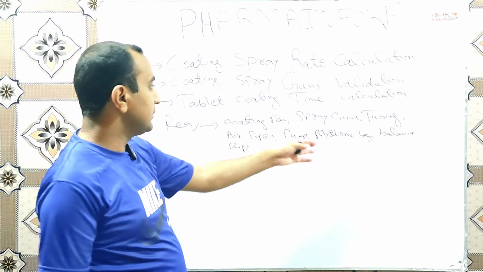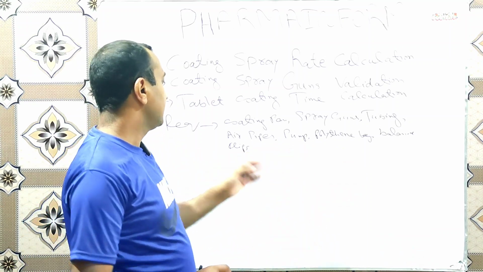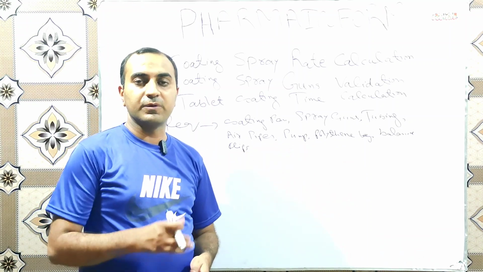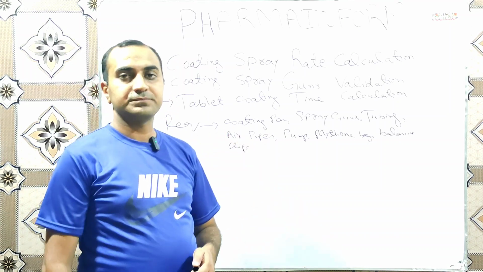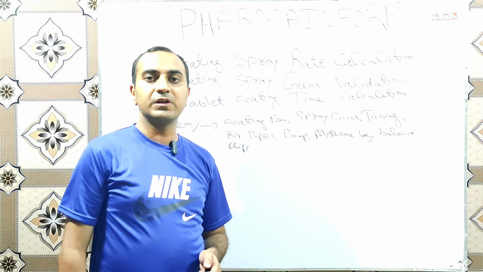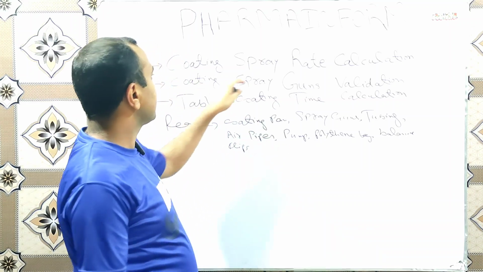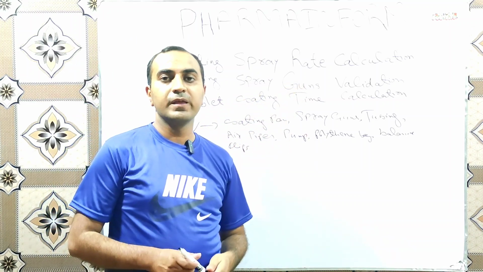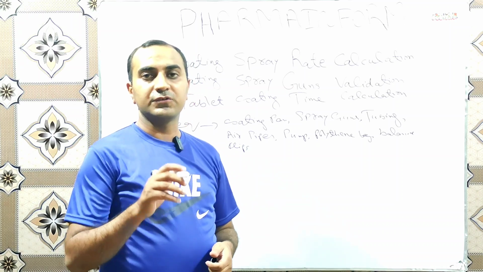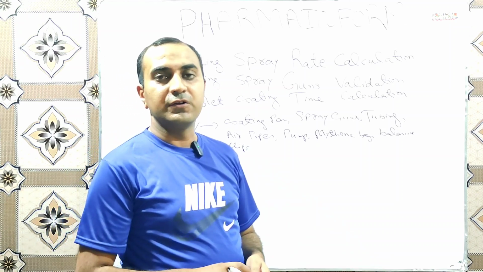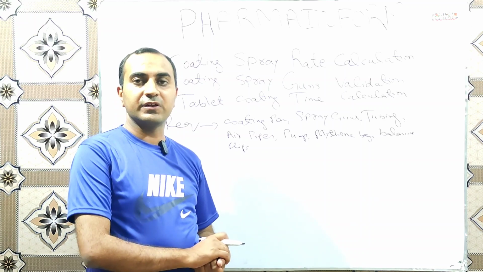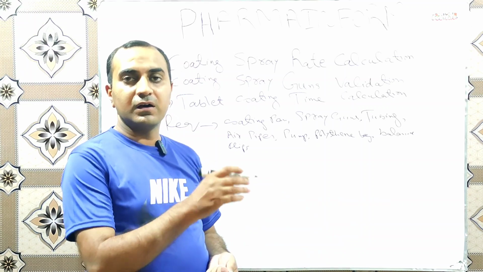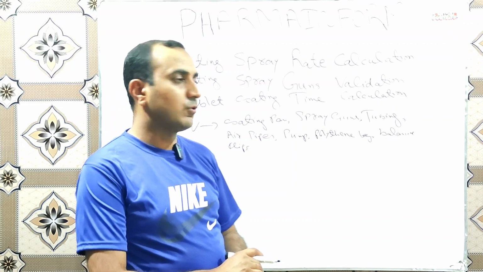We also require polythene bags, weighing balance, and tie clips or rubber bands for clipping. So how will we start? First of all we will calculate the coating spray rate, meaning how we can calculate spray rate from different coating guns. We will also calculate the average spray rate from all installed guns in a specific coater.